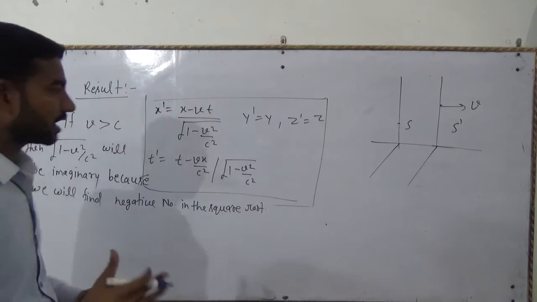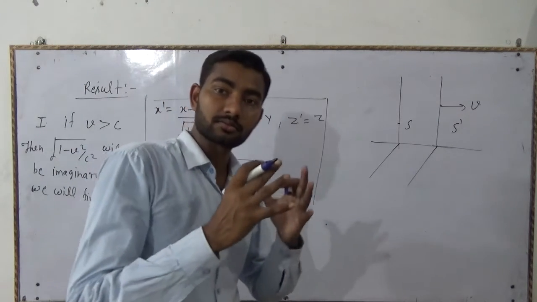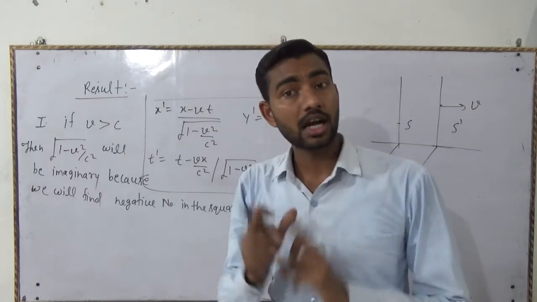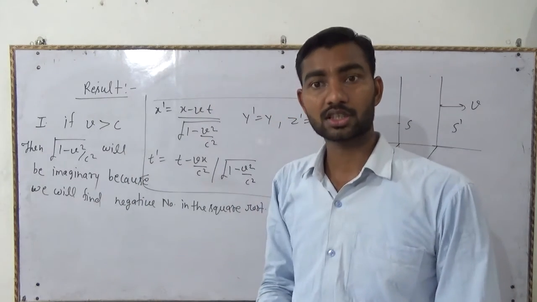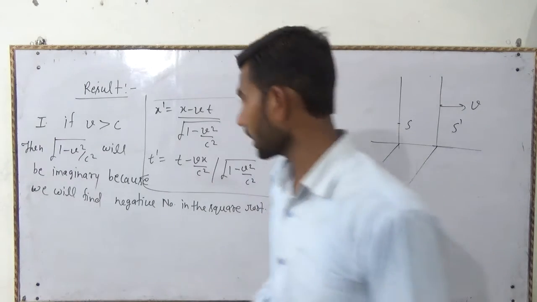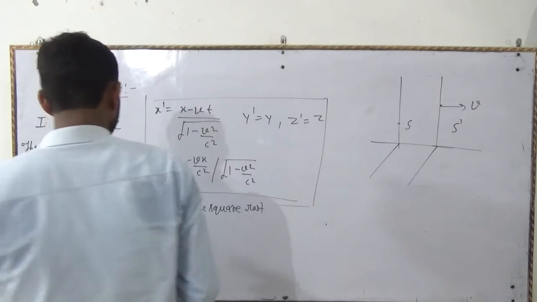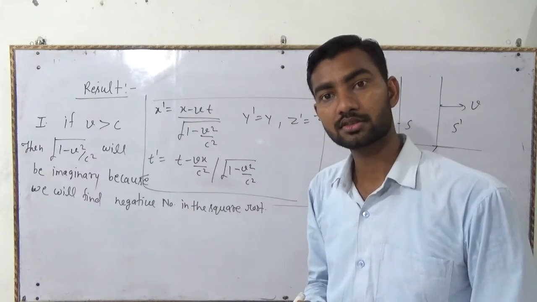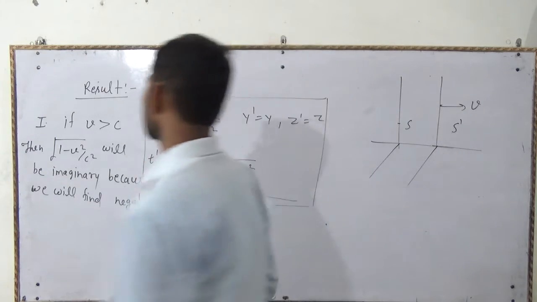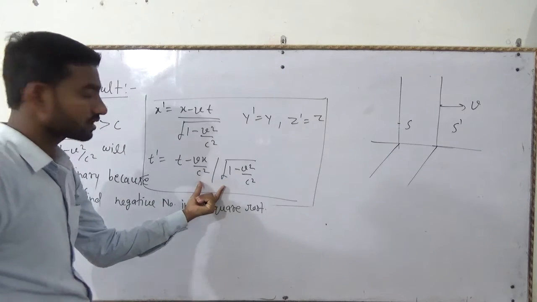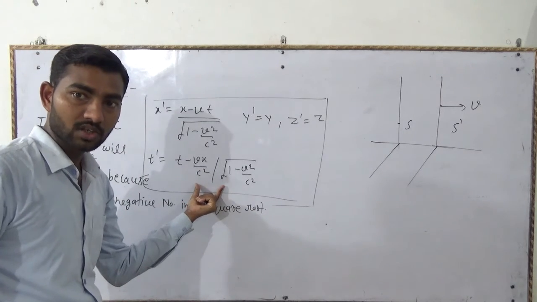As we have discussed in previous classes, time can never be imaginary. Time is always real. But according to this concept, time would be imaginary, because this constant term is also involved in the time coordinate.